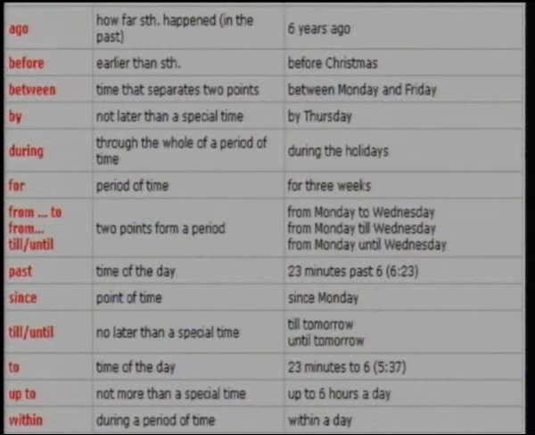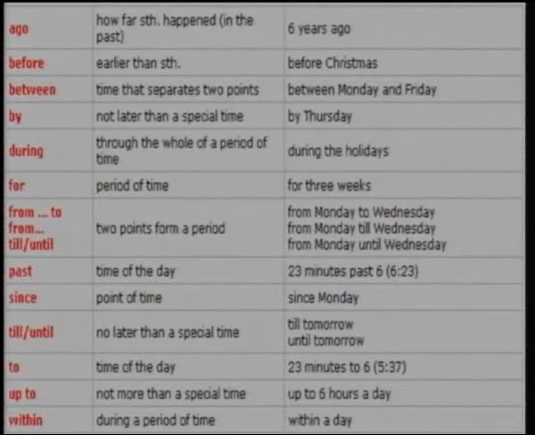I have stayed in Gaza since last April. So for refers to duration, while since refers to a point in time. They are the key prepositions used with the present perfect. So I have stayed for 3 weeks.